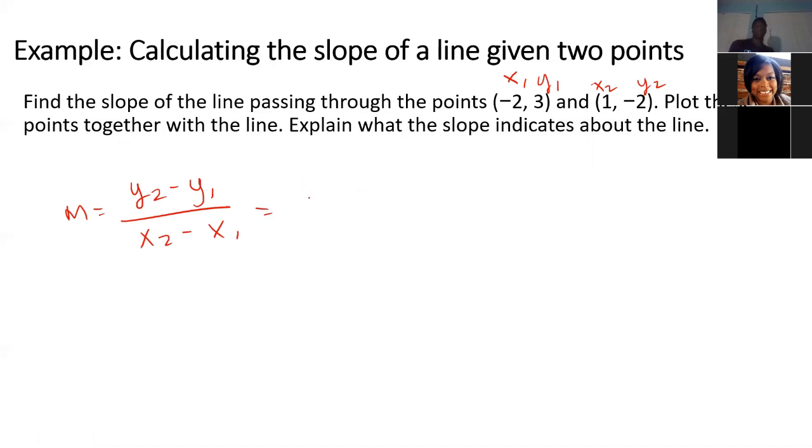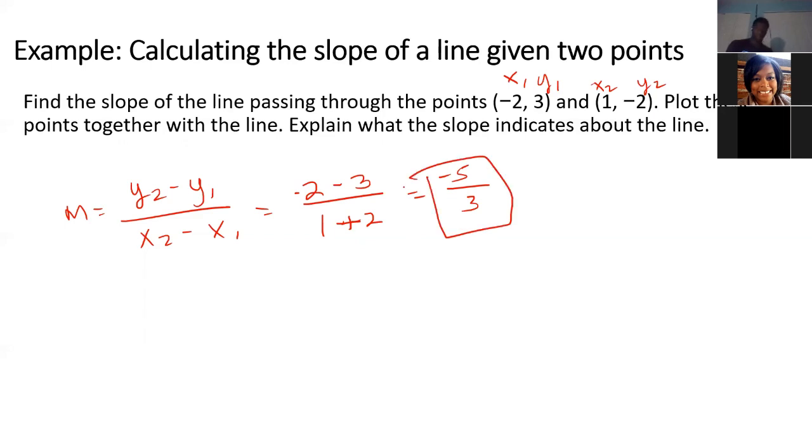So that's going to give me 2 minus 3 over 1 minus negative 2. Oh, it's negative 2, that's right. And so negative 2 minus negative 3 is negative 5. A negative times a negative is a positive. So 1 plus 2 is 3. So my slope would be negative 5/3.